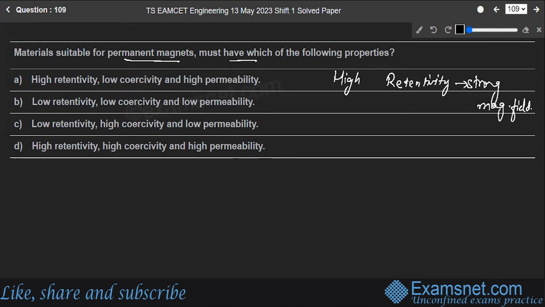The second thing, high coercivity, so that magnetism is not destroyed by stray magnetic fields, temperature variations, or minor mechanical damage.